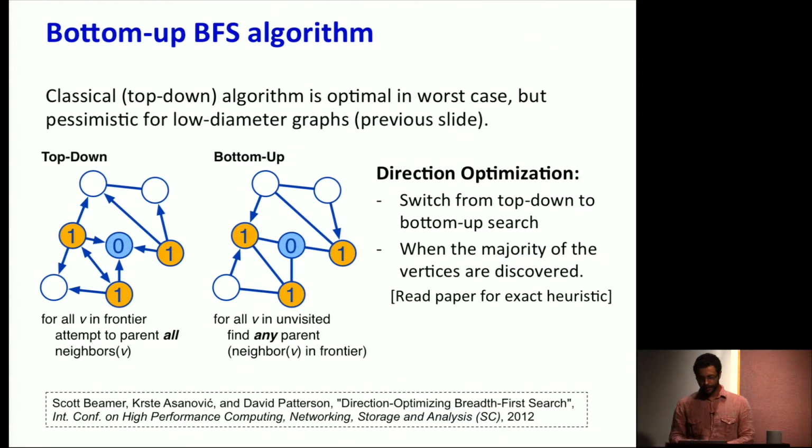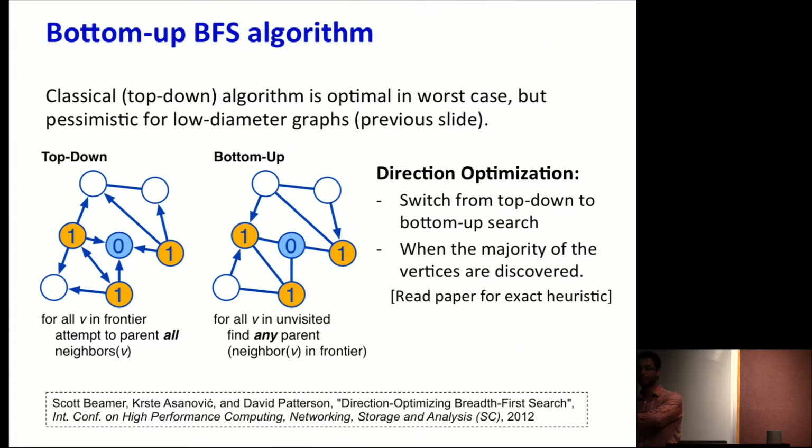So Scott nicely called this algorithm bottom-up, because if you look at the breadth-first search tree, it goes from the bottom up at some point. But it's a simple observation that you can't run this algorithm all the way from the beginning. You can't just say, let all the unvisited vertices, which is everyone except the root, try to find the root, because you have the same problem. So essentially, you come up with a hybrid algorithm that does a standard level synchronous top-down approach until the frontier gets really big, where the failed child examinations start dominating.